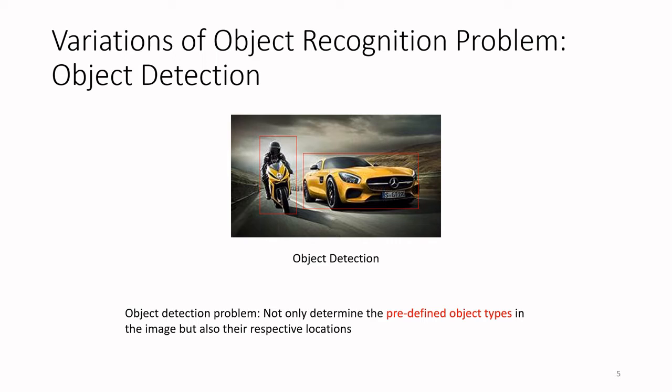By drawing a bounding box around the car, the system is telling us there is a car object and this is its location in the image. And for the motorcycle, again, it is telling us here is a motorcycle and that's its location.